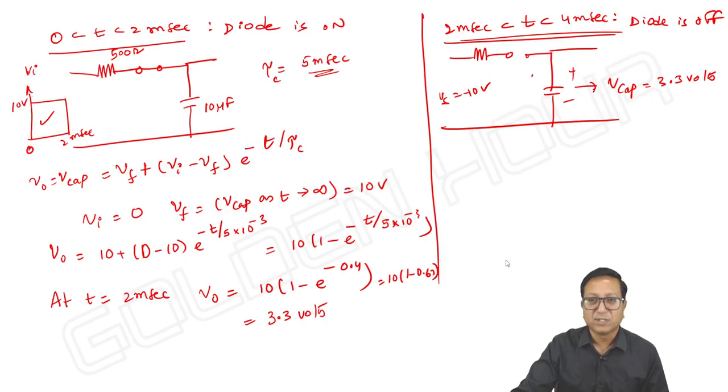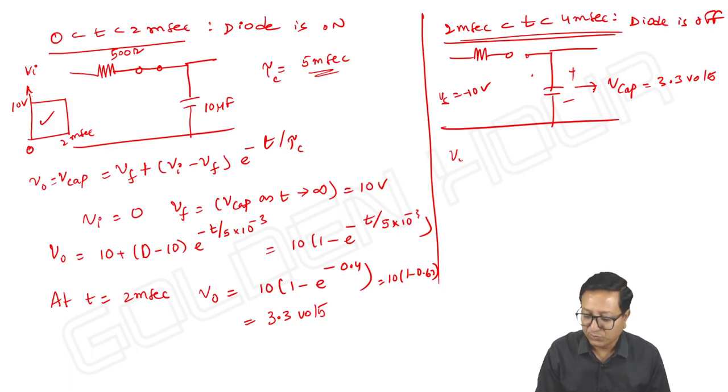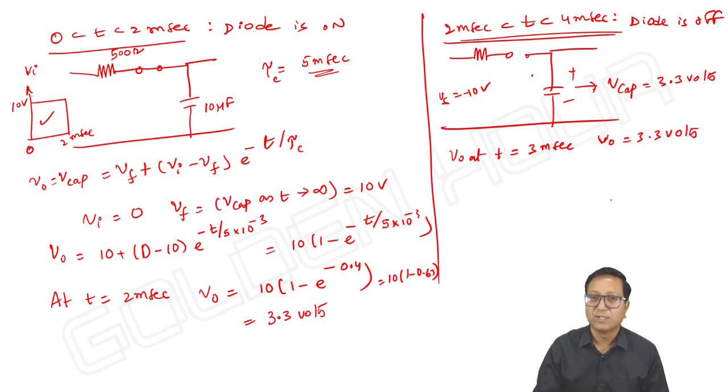Okay, if you further want to write the output, here I can write V output at t equal to 3 milliseconds is equal to 3.3 volts. Suppose at 5 milliseconds you want it, then what to do?